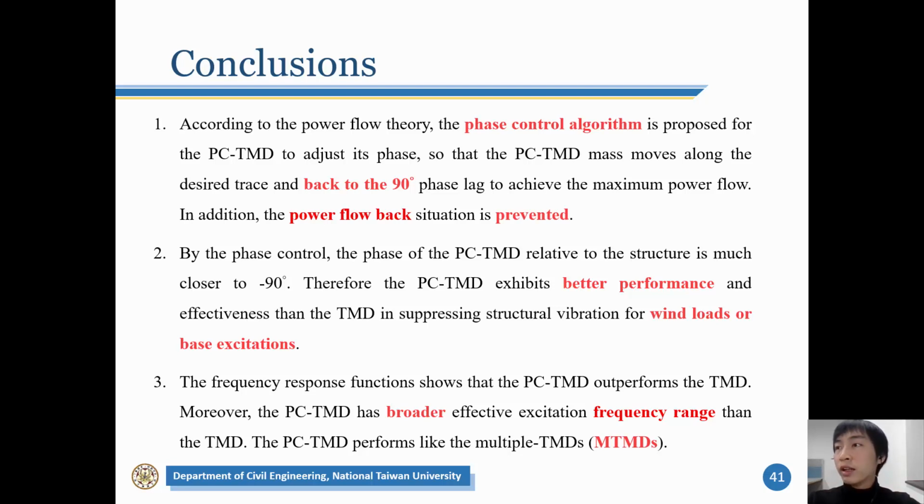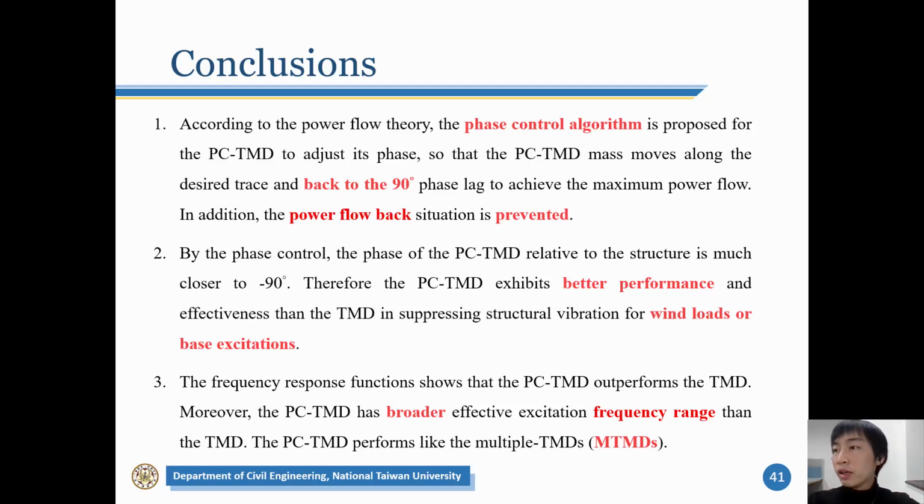And in addition, the power flow back situation can also be prevented. Two, by the phase control, the phase of the phase control tuned mass damper relative to the structure is much closer to minus 19 degrees. Therefore, the phase control tuned mass damper has better performance and effectiveness than the tuned mass damper, no matter in wind loads or base excitations.